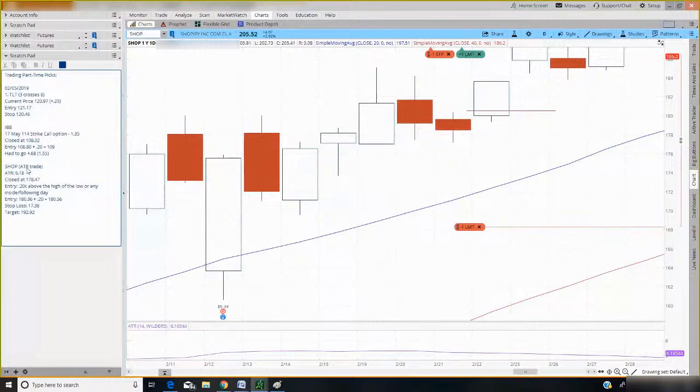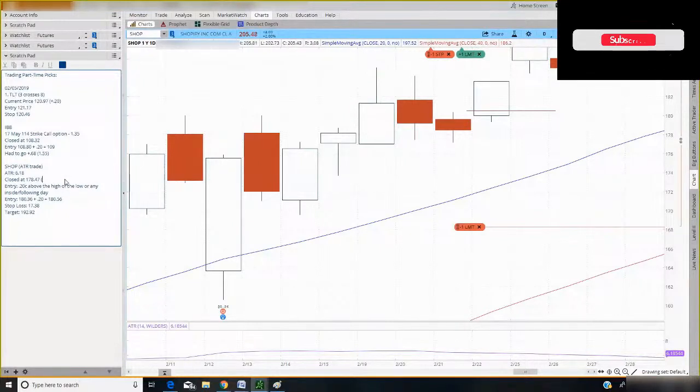You'd put Shopify, ATR, stock close. So then you would say, okay, if my entry is 180.36, what's the difference between 180 and the 178? Because remember, the stock has to go up. So you would say 180.36 minus 178.47.